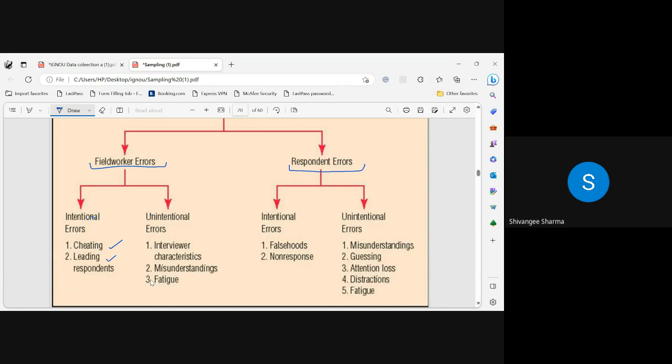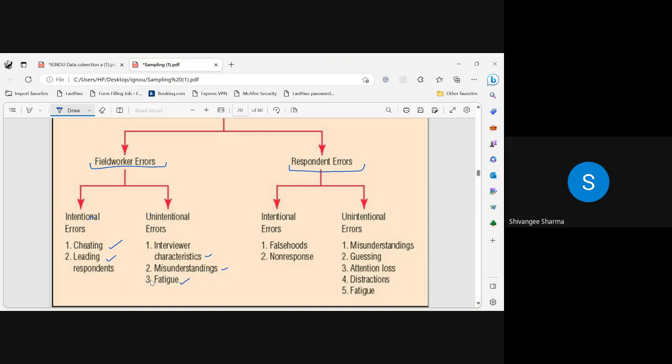And leading respondents, like influencing their answers intentionally, comes under this category. Then unintentional errors include interviewer characteristics, which I call personal biases, emotional condition, physical condition, and misunderstanding, where you don't understand something and just explain it haphazardly. And the last one is fatigue, where you don't want to do the work because you are so tired.